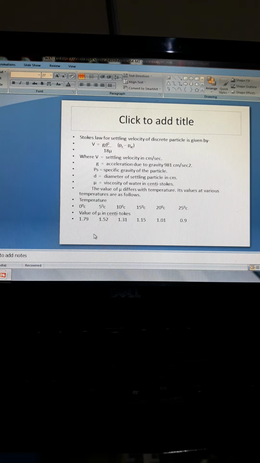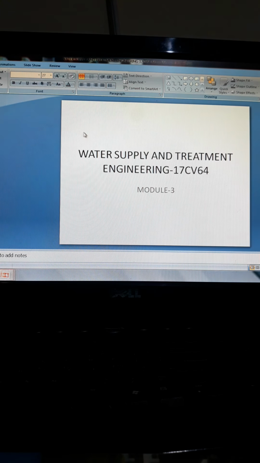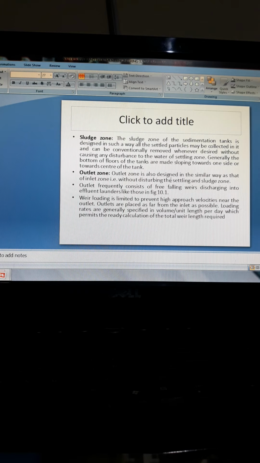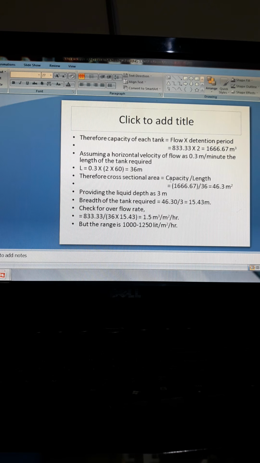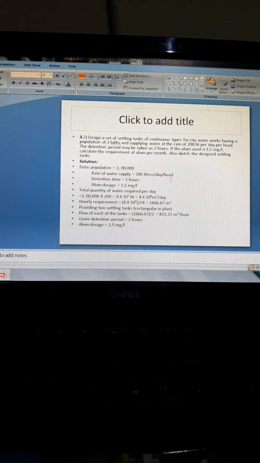Based on the flow, the second type of tank is the continuous flow type of sedimentation tank. In this type, the water is continuously kept moving in the tank.